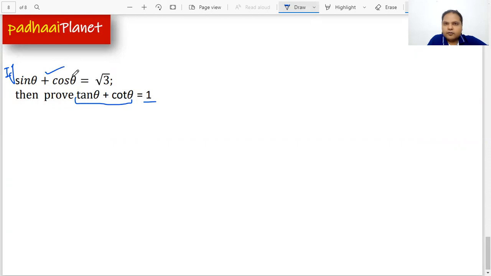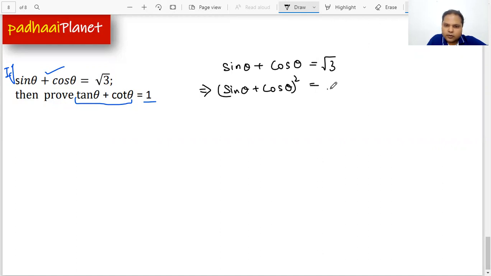We'll start with what is given to us, and we will take that expression, and it says sine theta plus cos theta is equal to square root 3. We'll square both the sides and we will have something like this: sine theta plus cos theta whole squared is equal to square root 3 squared.